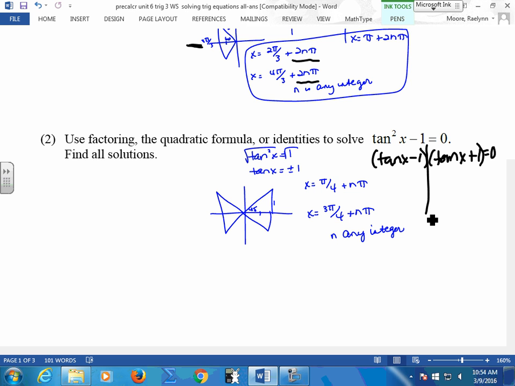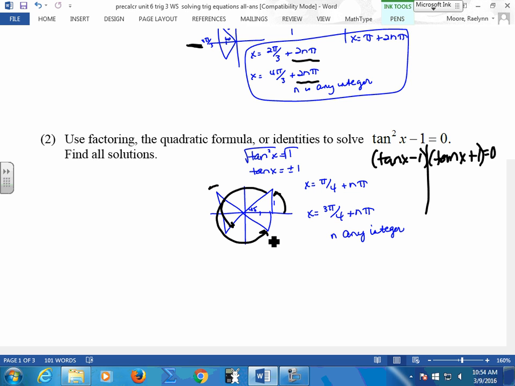So all quadrants, because I've got positive and negative of a 45. So if I say this guy, just pi over 4, if I add n pi, I come to this one. If I list this one, 3 pi over 4, and add n pi, I come to this one. Instead of listing all 4 plus 2n pi. Is it wrong if you list all 4 plus 2n pi? No, but we can take this shortcut.